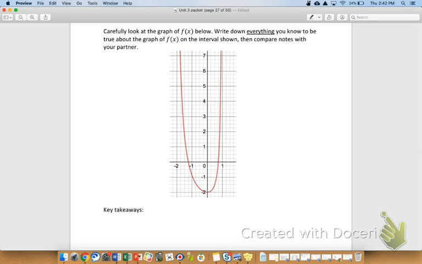Think and write by yourself what you think is true about the graph of f. And remember, you're in a calculus class, so including some thoughts about f prime. Also, if those happen to come to mind, they're a pretty good idea too.